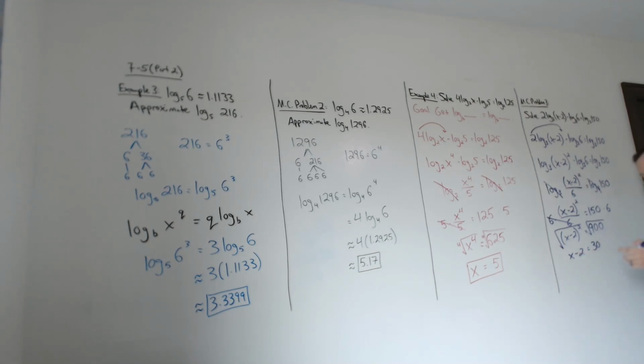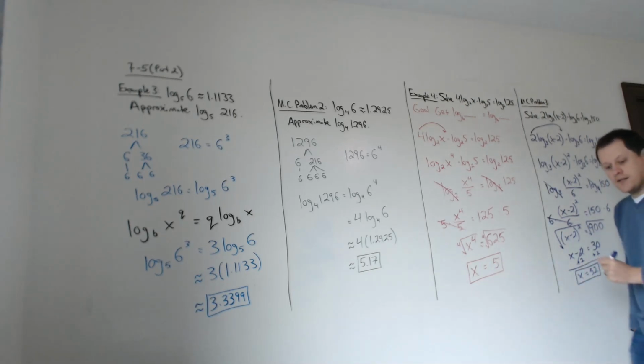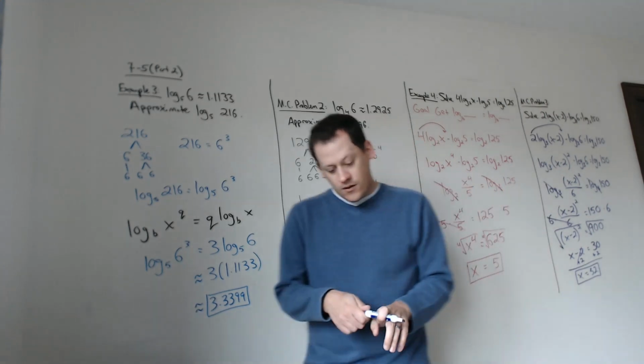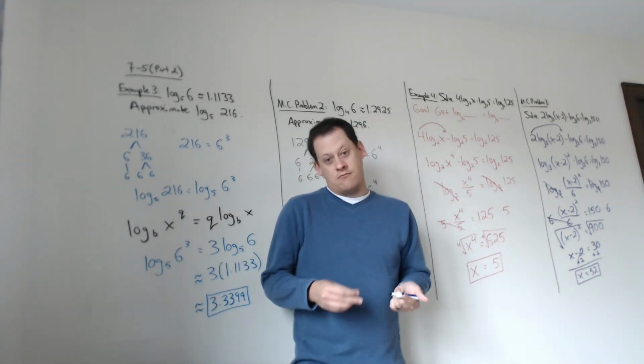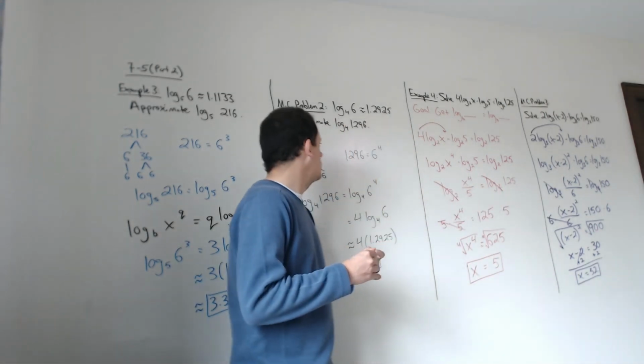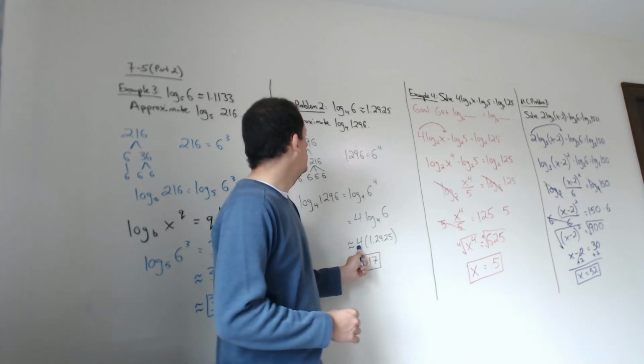Move the negative 2 over by adding. So plus 2 to both sides. X equals 32. X equals 32. And that is C on your sheet. There you go, sheet. This one was C as well.